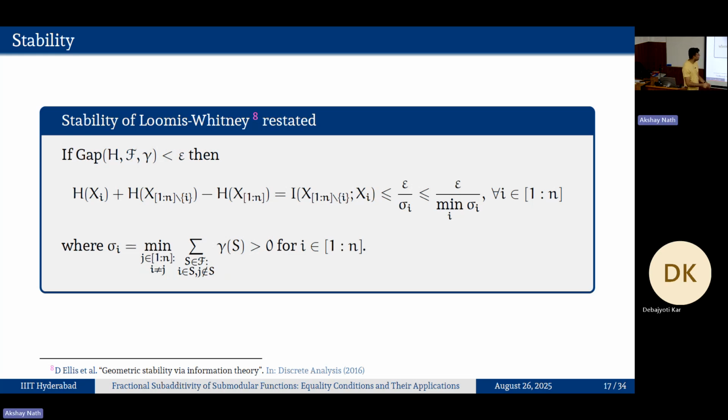But if you have epsilon non-zero and something close, then you have the stability result. The stability result says that if the equality almost holds, then the conditions for which the equality holds almost hold as well. That's a very crucial part about the stability result.